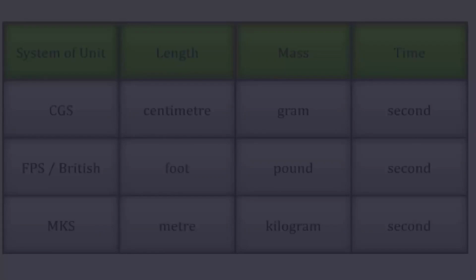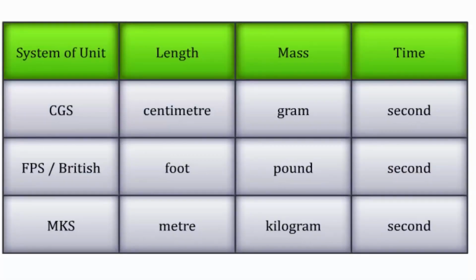Until recently, three major systems of units were in use in different countries based on the units of three fundamental quantities, namely length, mass, and time. Among these were the CGS system, which stands for centimeter, gram, second, and FPS, which stands for foot, pound, second, respectively.